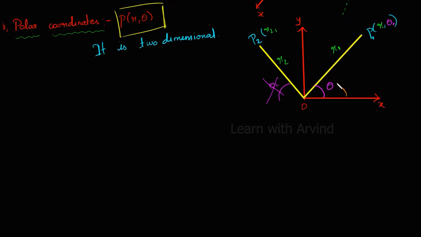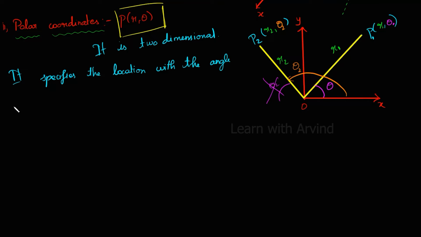The reason is theta will always be in the anti-clockwise direction from the reference axis. That's how we should draw the angle theta, and it should not be the shortest angle. It is the angle from the reference axis x along the anti-clockwise direction. Usually it's the x-axis.